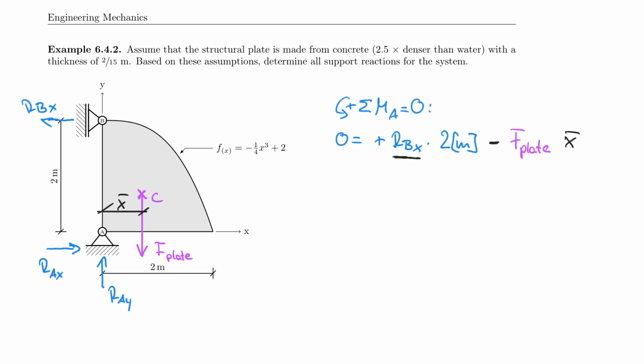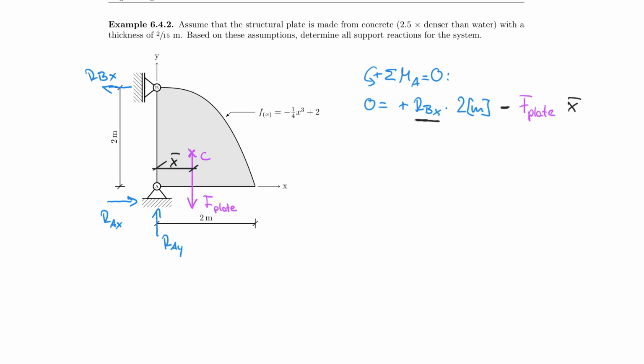But before I do that, what I need to do is find how heavy is my plate and what is my X tilde. So let's start with the X tilde because we have done that before, or that's what the lecture is really about. So I need to follow my 4 steps again. I choose a random area element, and I'm going to draw that right here. So I have a random area element.